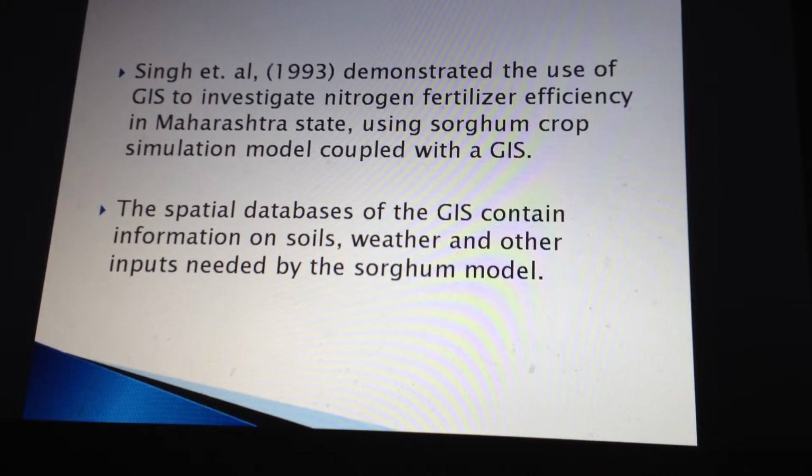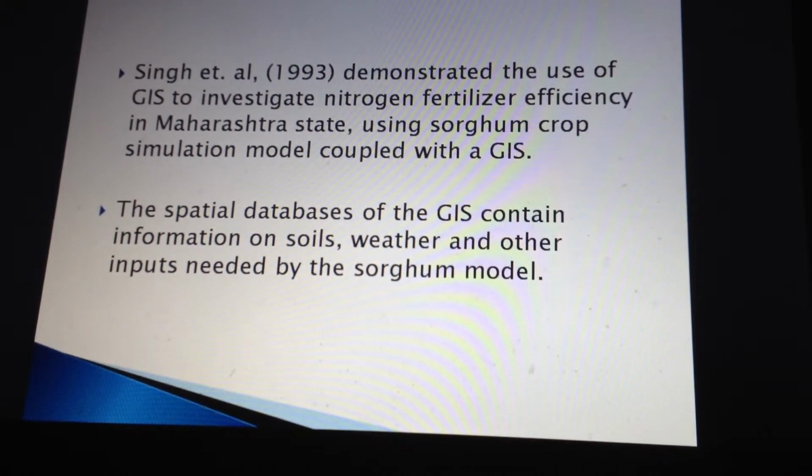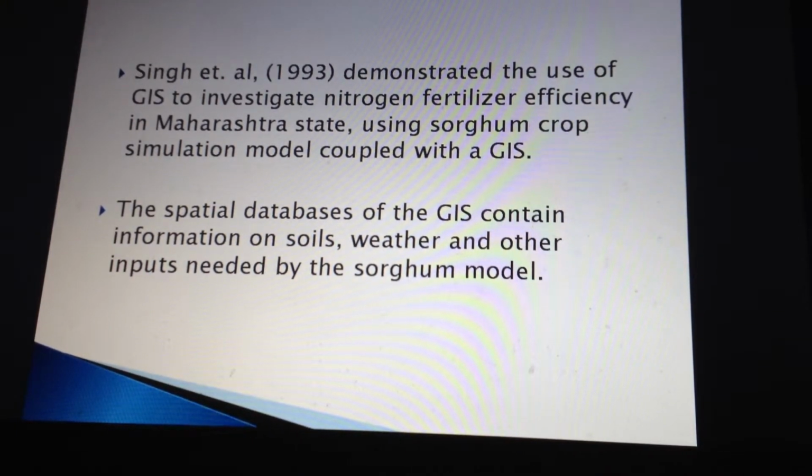Singh 1993 demonstrated the use of GIS to investigate nitrogen fertilizer efficiency in Maharashtra state using a sorghum crop simulation model coupled with a GIS.